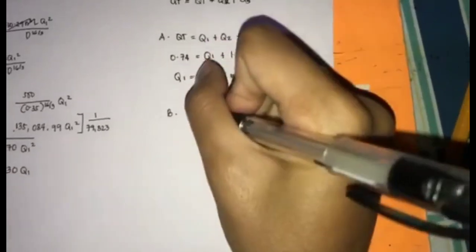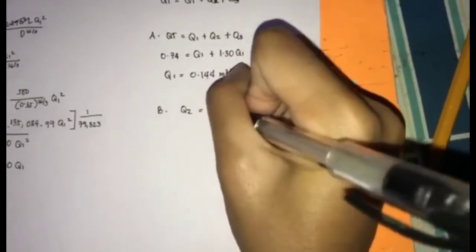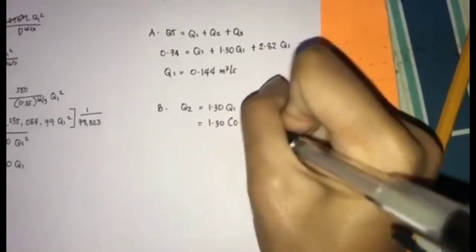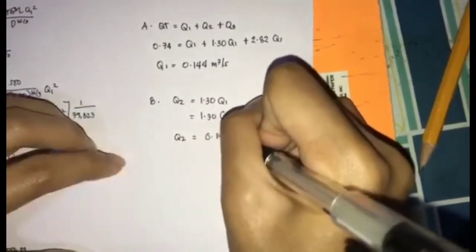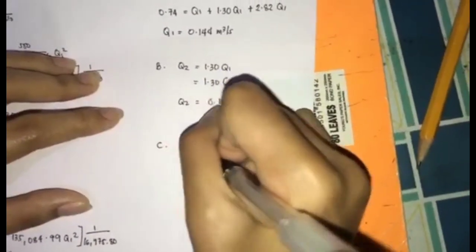So now it is much easier to solve for the Q2 by multiplying the value of Q1. So Q2 is equals to 1.30 Q1. So 1.30 times the value of Q1, 0.144, we get the value of Q2, which is 0.19 cubic meters per second. Same with the value of Q3.